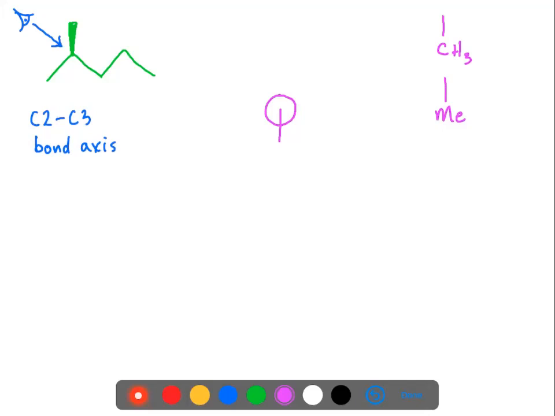So I'll use that notation for this particular structure. So we have Me representing the methyl group. And what's also there is our other methyl group, which will be to our right. And what's not shown in the bond-line structure, but we have to show in our Newman projection, is a hydrogen on the left.